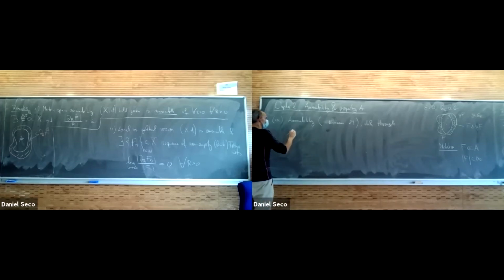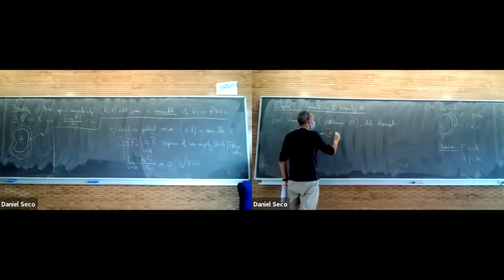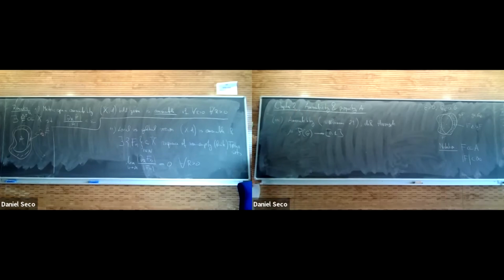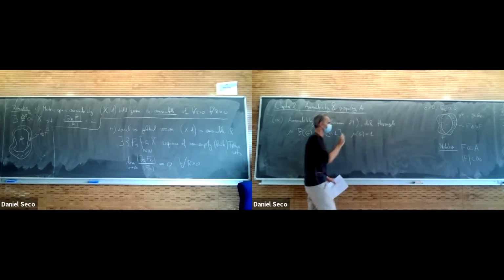This is defined on the power set, so you are able to measure all subsets of the group, and you send them to 0, 1. It's finitely additive. Let me not write it because we are not using this version. In particular, the whole group has weight 1.